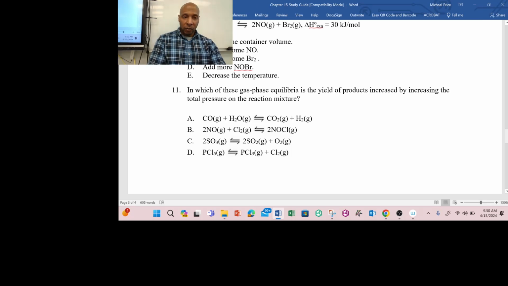So all I have to do is find the one where I have fewer moles of product gases. Right here, for A, they're equal: 2 moles of product gas and 2 moles of reactant gases. For B, I have more moles of reactants. For C, I have more moles of products.